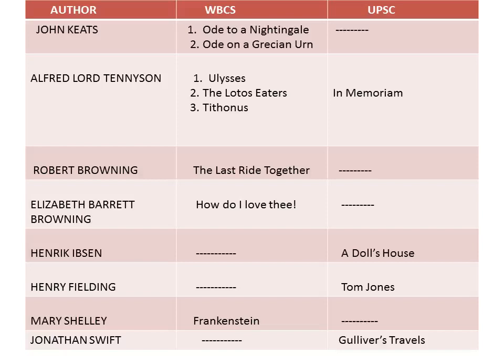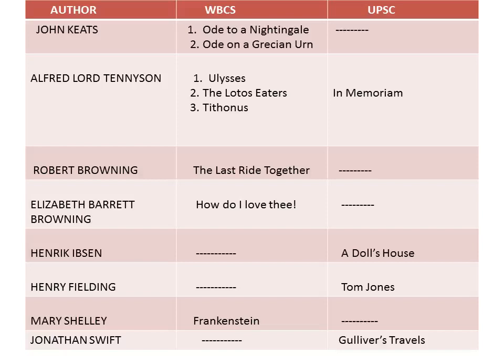So you see, there are several common points of preparation, but when you read one poet, and if you feel that you can easily prepare for both the exams, that's not exactly going to happen, because you have different texts by the same author in each case.